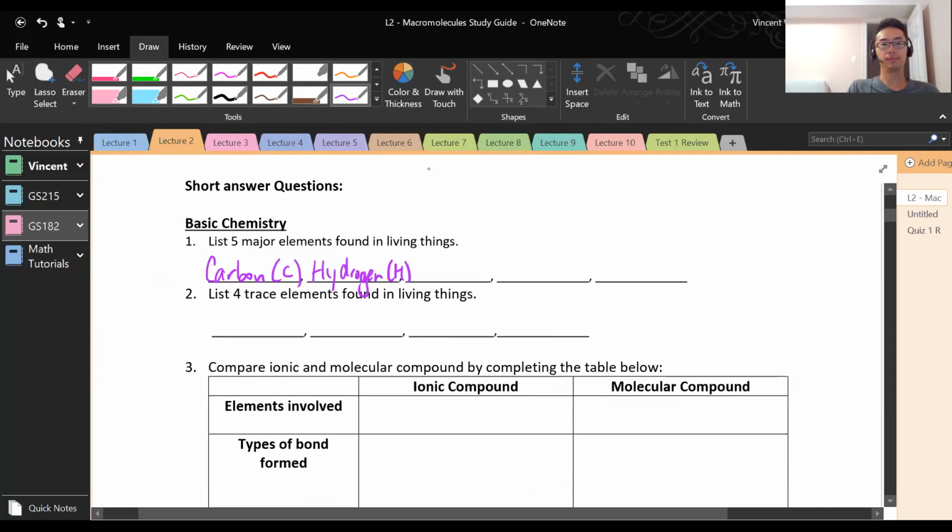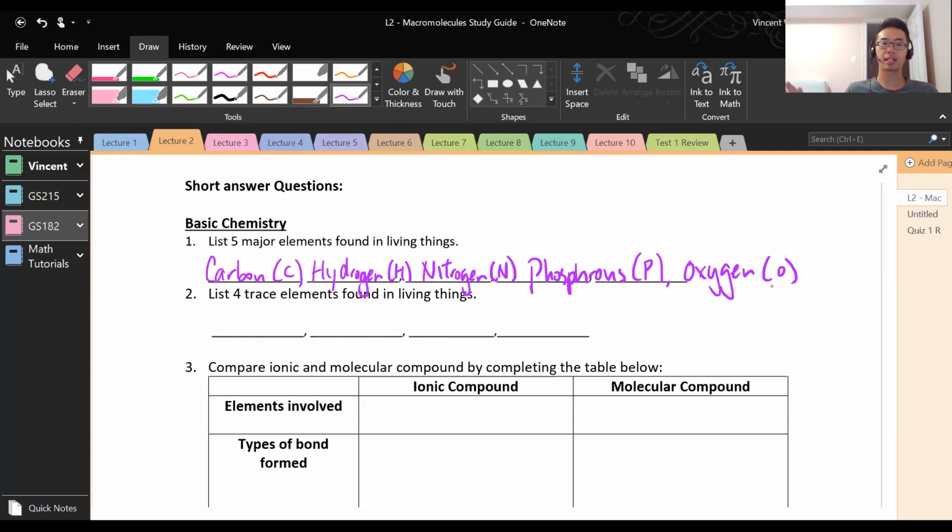That is H. Nitrogen, phosphorus, and of course we have oxygen as well. So these are the 5 major elements that make up an organism.